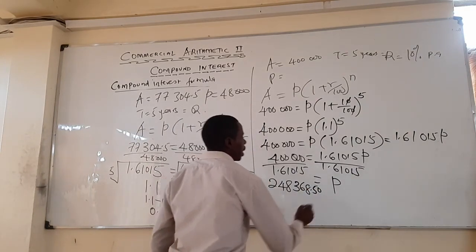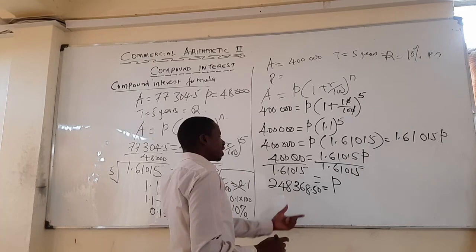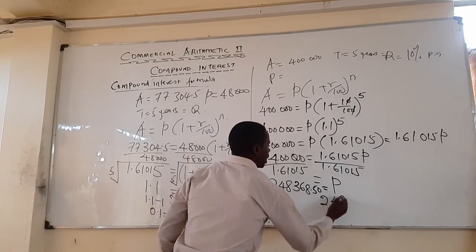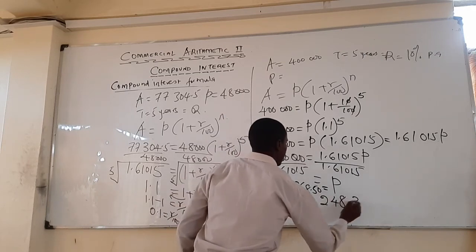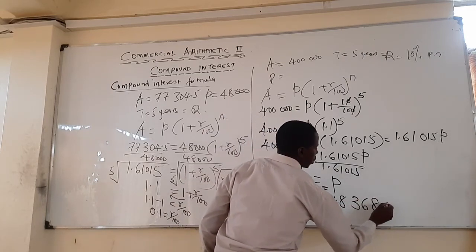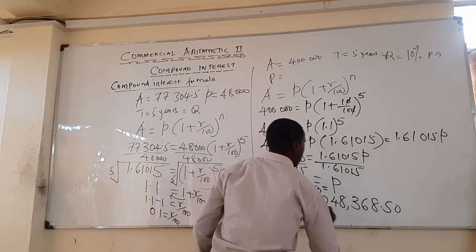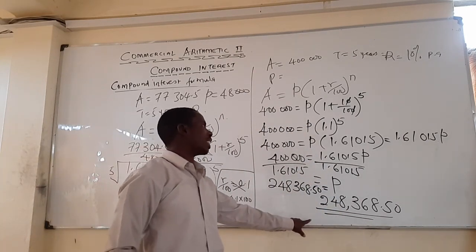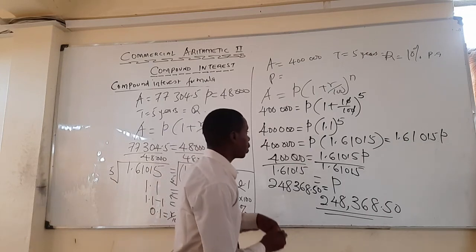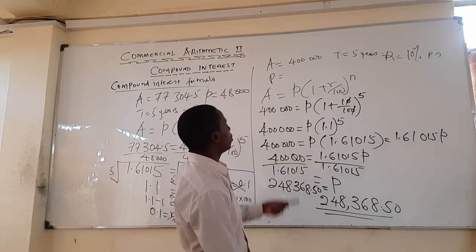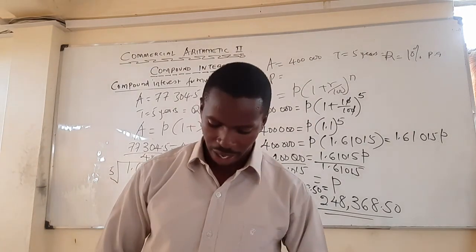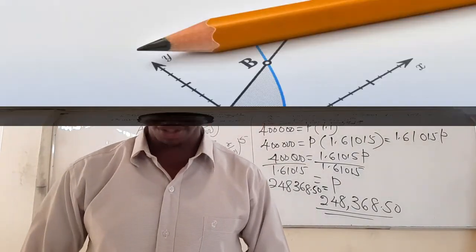So the amount that this person can invest now is approximately 248,368.50. That is the amount that this person can invest, that in 5 years time is going to be 400,000. Thank you very much for your time.